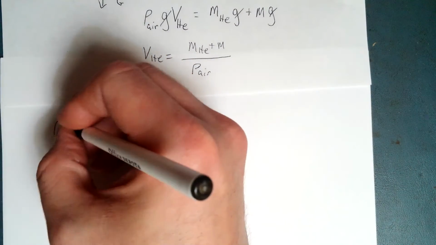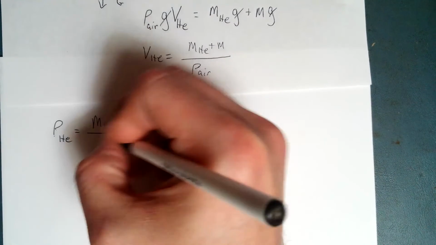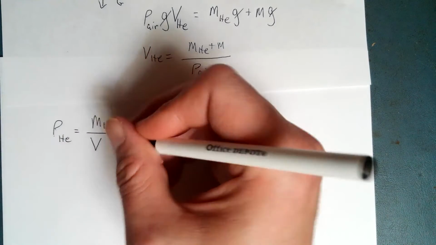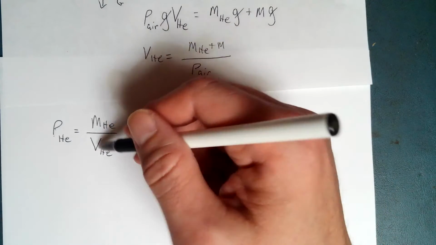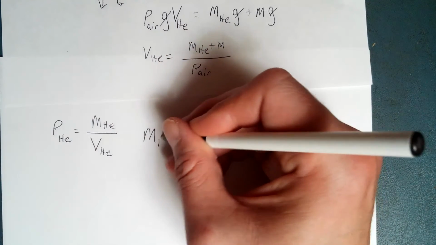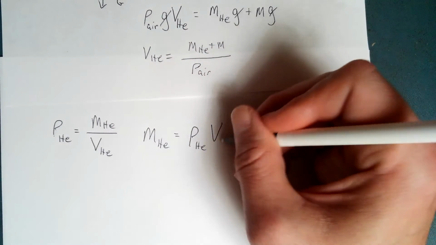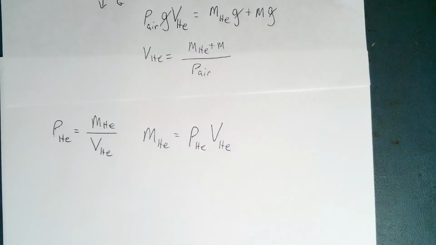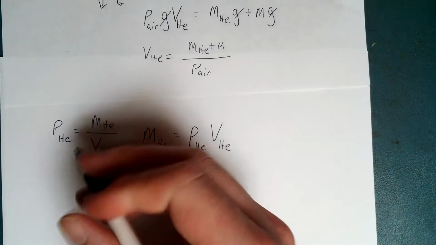So you find a lot of times where you have to go back to the density equation and see if you have the other two variables, and then you can calculate the third one. So we don't have the mass of helium from the problem, but we have the density of helium, and volume of helium is our unknown. So we'll plug this in for mass of helium.